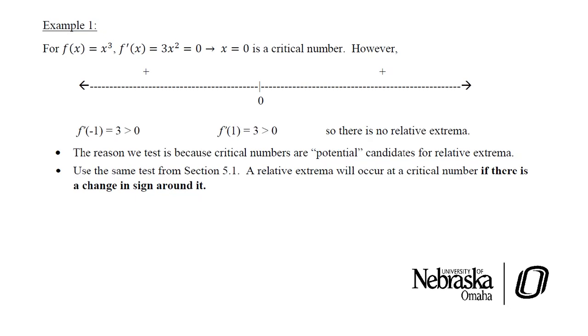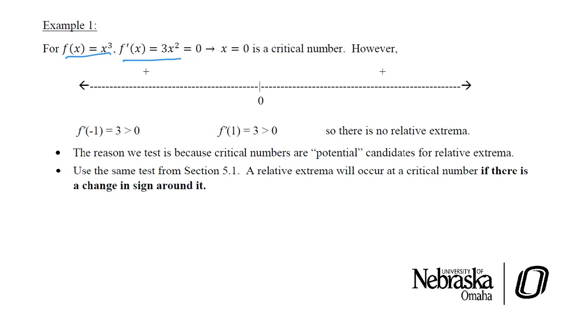In this example, they're saying f of x equals x cubed, and the derivative is 3x squared. When we set that equal to 0, we get x equals 0 being a critical number. However, when we check the function values of the derivative on either side, we see that we have a positive slope on either side of 0.